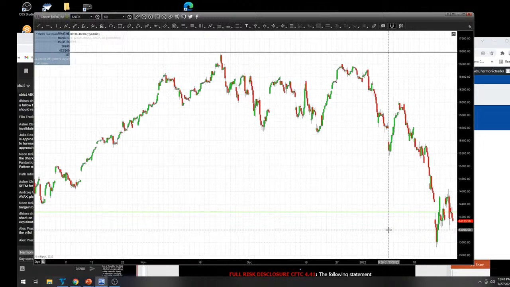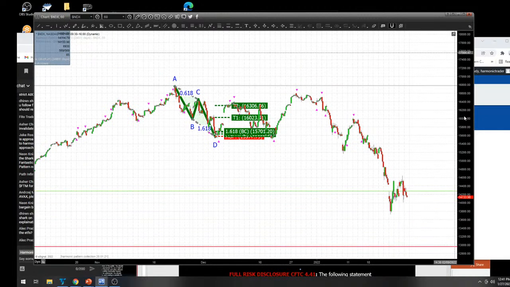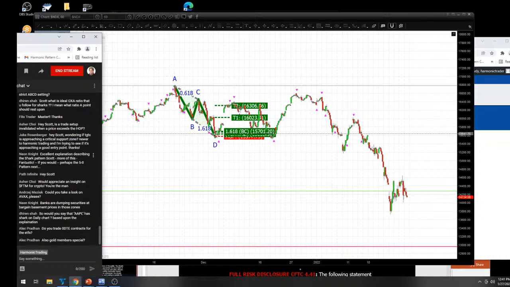Hate to say it. I think we'd be higher if this was going to bounce and go, we'd be higher. But it's not. Couple more. Banks are dumping securities at bargain basement prices in those zones. Maybe.